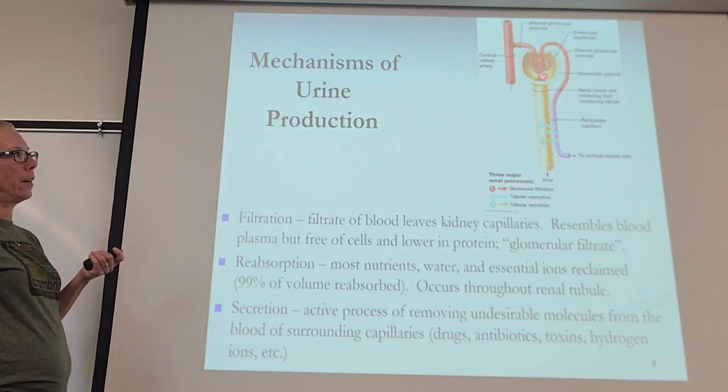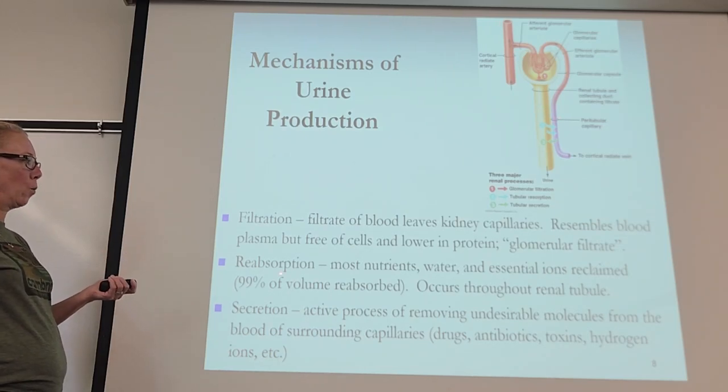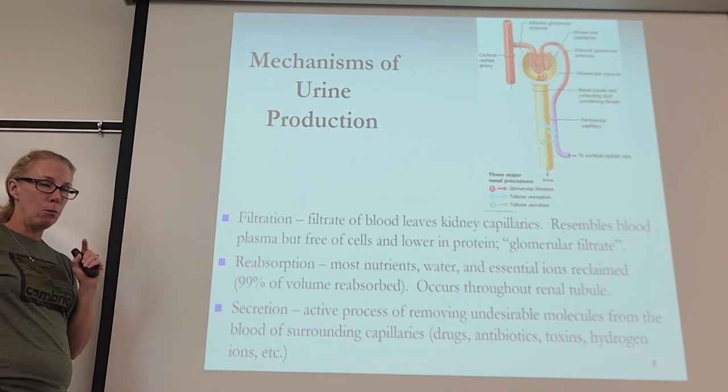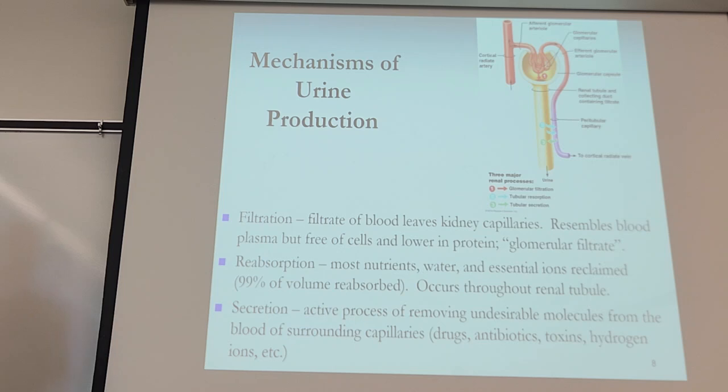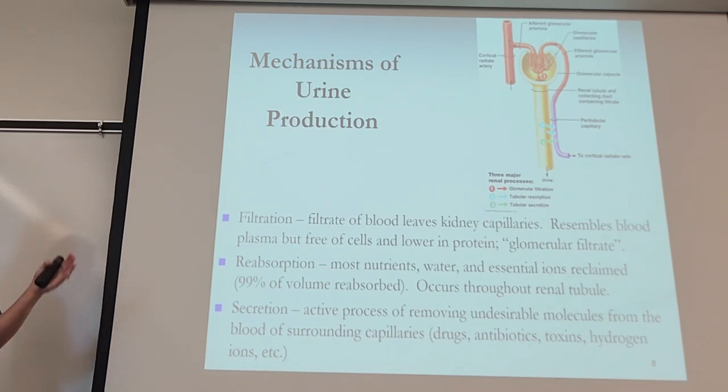So that filtrate then from step one enters this tube. What is this tube called? Proximal convoluted. This is the proximal convoluted tubule, okay? Which is where reabsorption occurs, okay? When we're saying reabsorption means you already had it before, so it was once in your bloodstream, but you're taking it back again because you filtered it out, but you want it back.